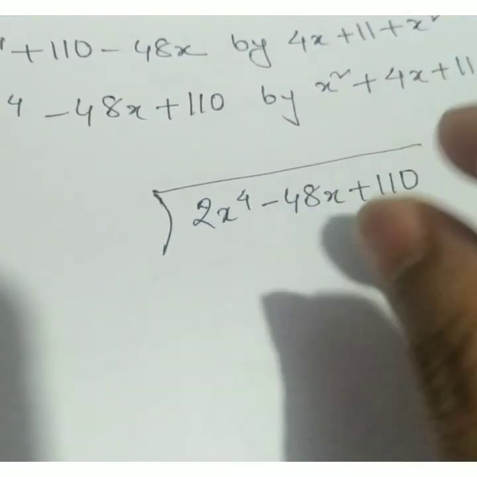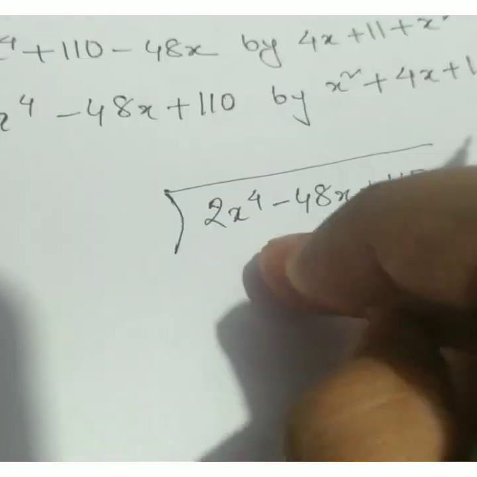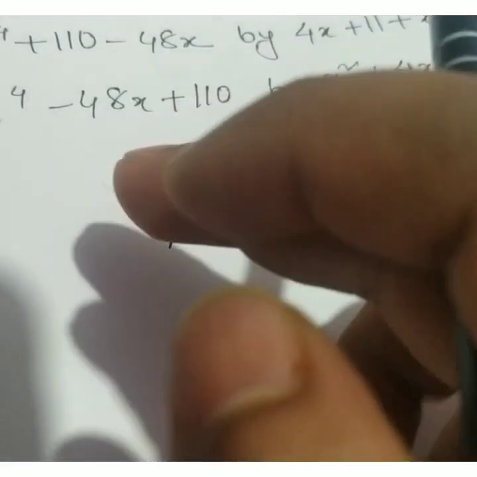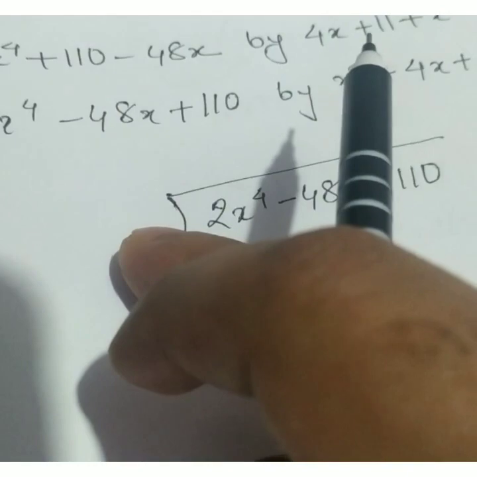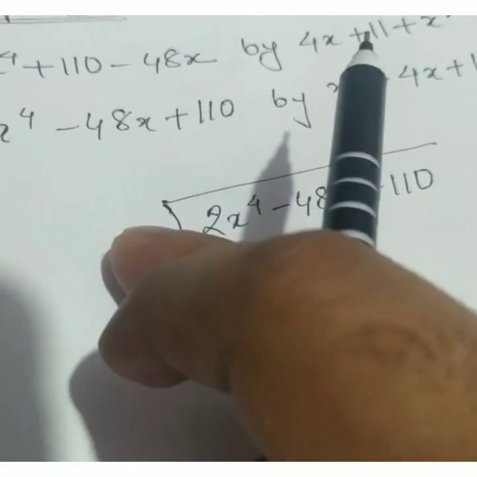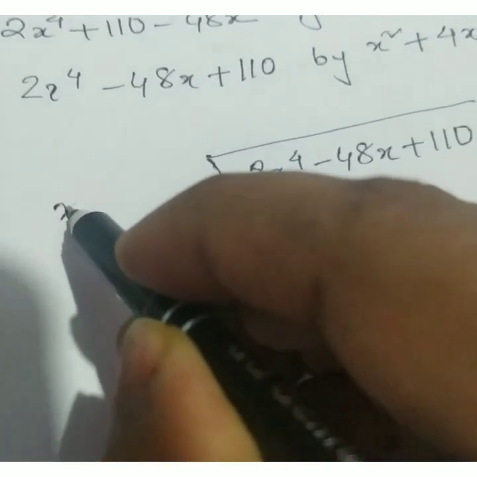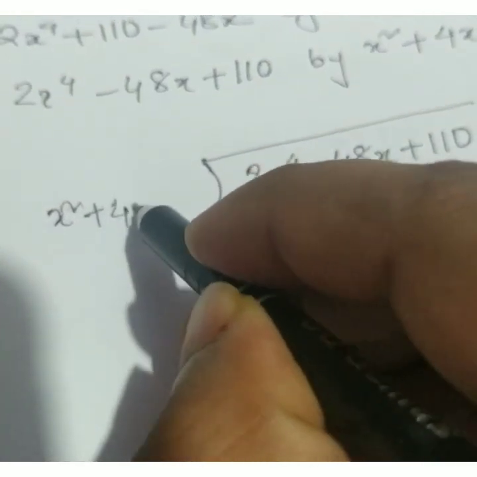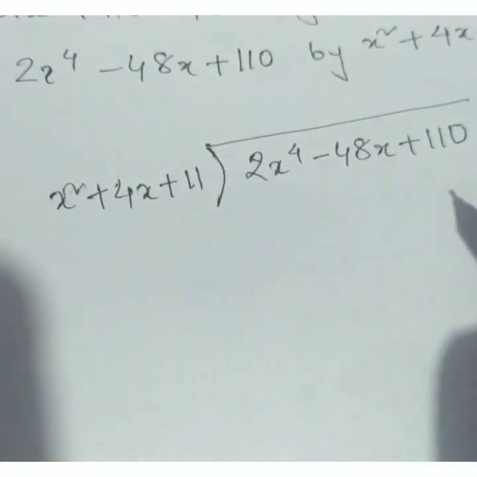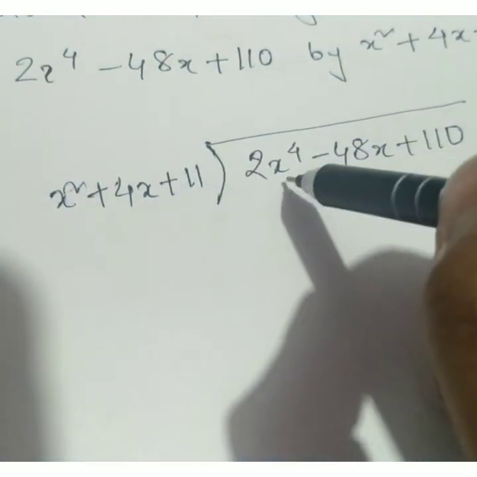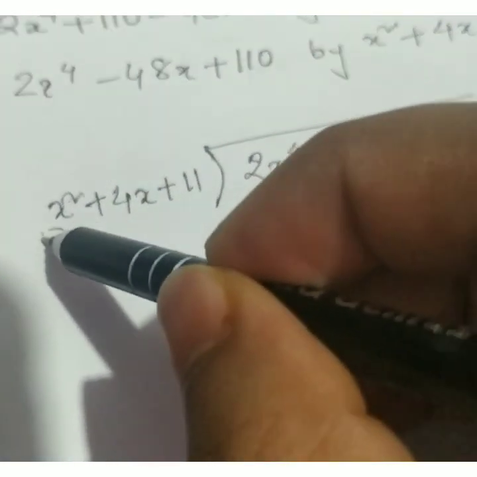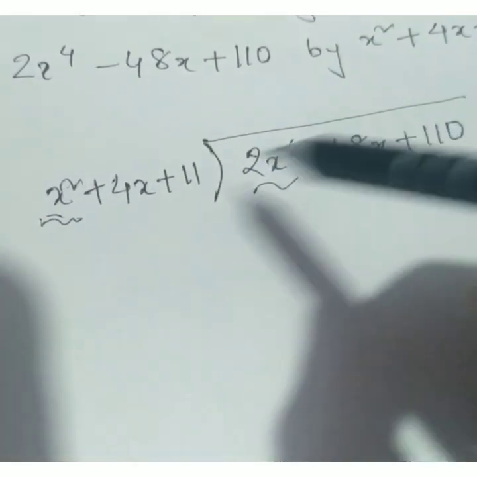When multiplying, I always need to be careful of the signs over here, also the signs I am going to use in the divisor as well. Always remember that. So x square plus 4x plus 11. As I told previously, I need to first consider the first term of each polynomial.